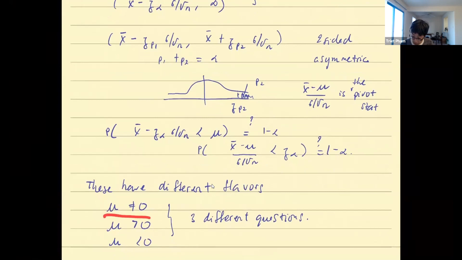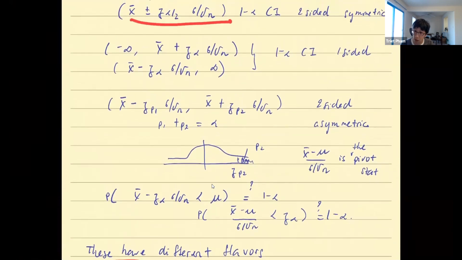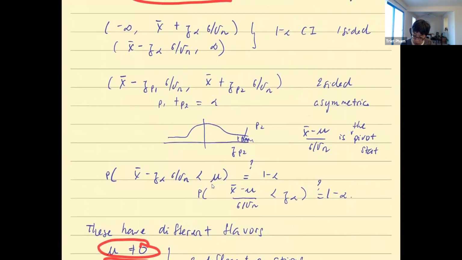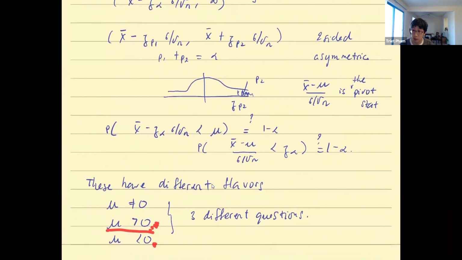So this clearly will be answered by the two-sided confidence intervals. This will be answered with the respective one-sided confidence intervals. This seems to be answered by the lower bounded confidence interval, and this by the upper bounded confidence interval. But I tend to get this mixed up, so I won't try to write it down very clearly now.